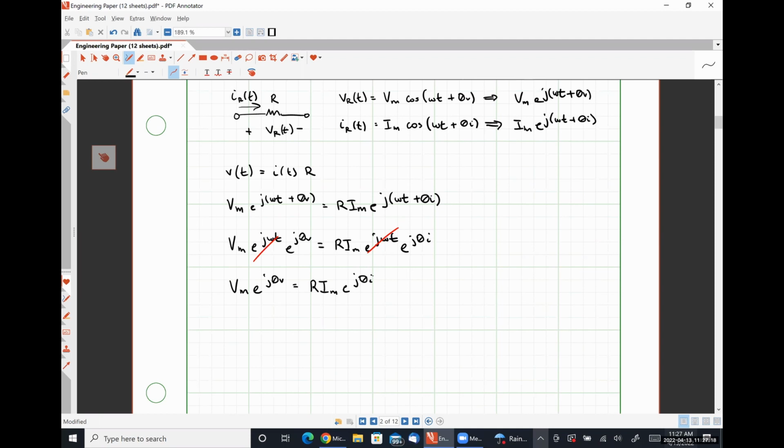So we can make a couple of observations here. The first of which, on the left-hand side, the quantity Vm e to the j theta v contains only my magnitude information and my phase angle information. So that is actually simply my phasor voltage, just written in an exponential form.